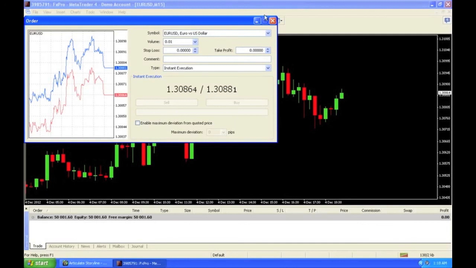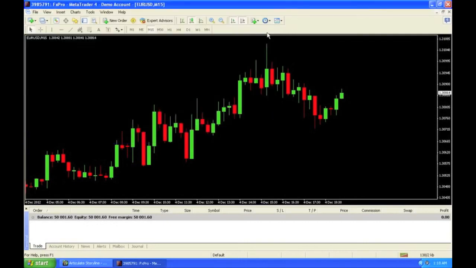Leverage is your buying power. For example, if you have 1:100, it means your $1 is worth $100 in the market. Base currency is the currency on the left. It is also the currency that represents the chart. In this particular case, euro. Counter currency is the currency on the right. In this particular case it is the US dollar. Counter currency is reflected in your price.